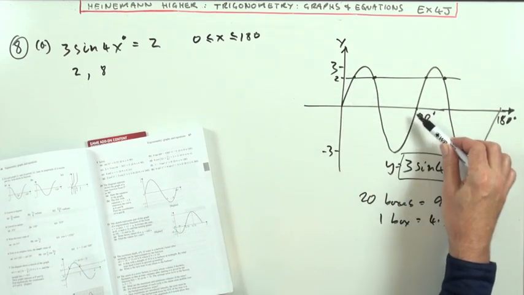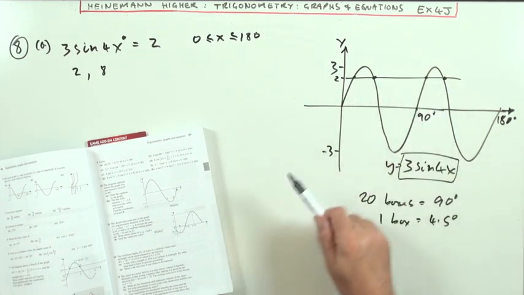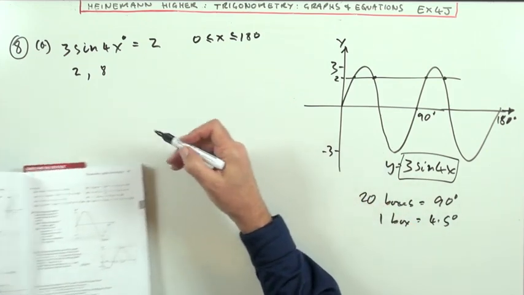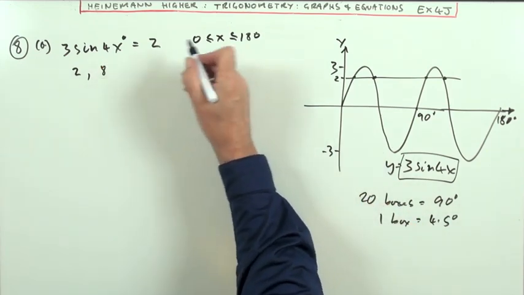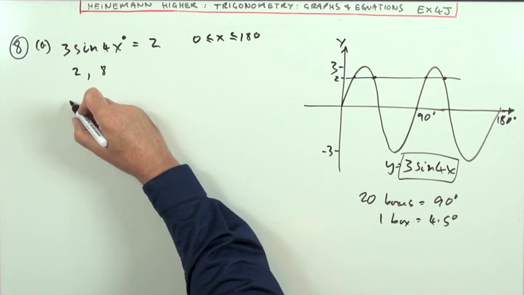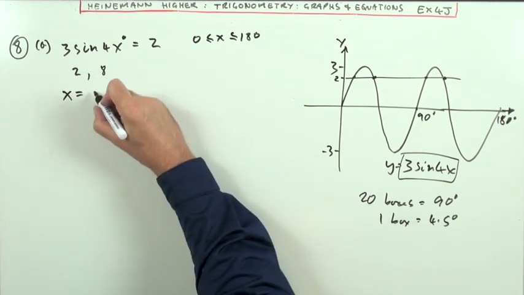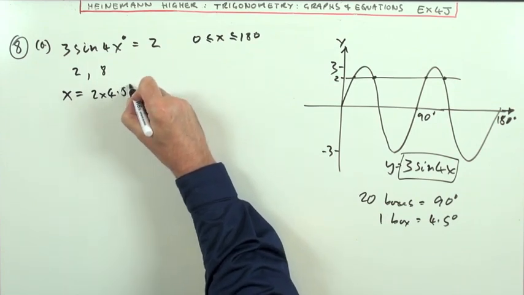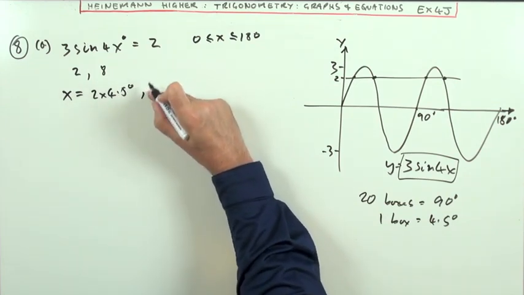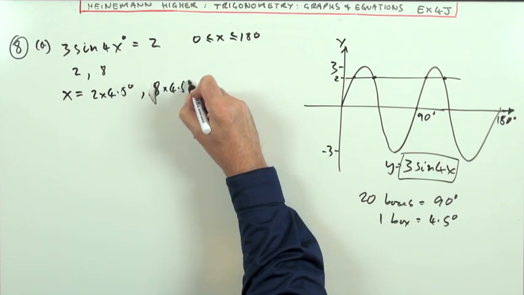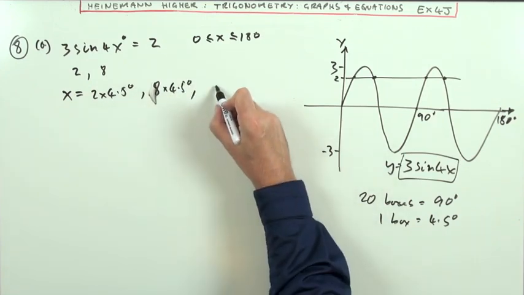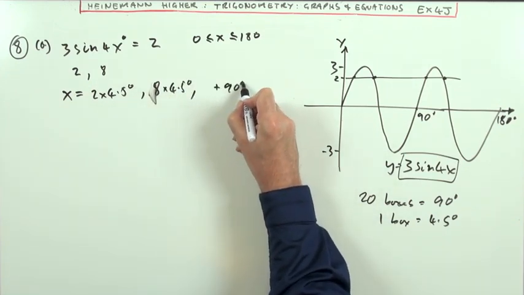see the wavelength is 90. So that these must be 90 apart, so I'll just add 90 onto whatever those 2 answers are. So I've got that, plus I've got 90 for the other 2. So I'm going to say x equals, well 2 will be 2 times 4.5. So I've got 2 times 4.5, 8 times 4.5, and then I've got the same 2 plus 90 degrees.